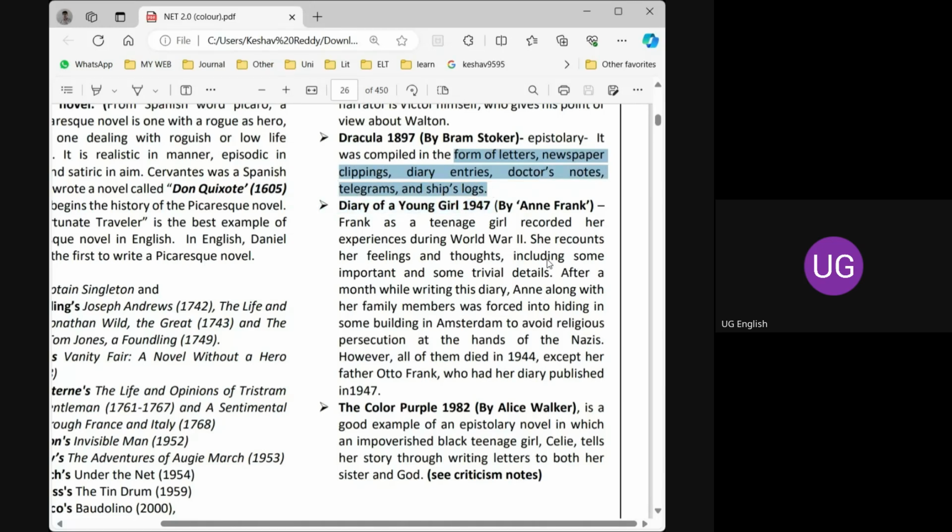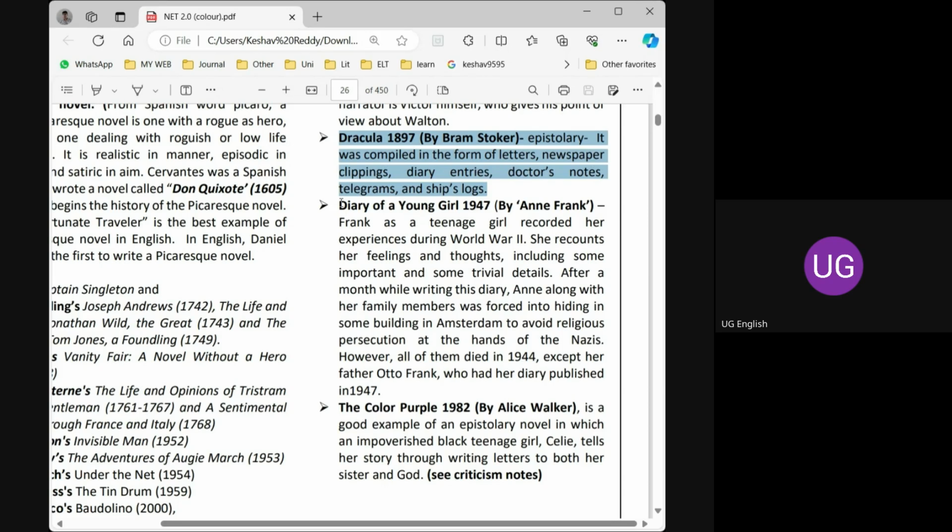Not only letters are used here, some newspaper clippings are also used, some diary entries, some doctor's notes, some telegrams, and some ship's log register, that is, an in-and-out movement register. All these are incorporated in this novel. Very interesting. Dracula by Bram Stoker is an epistolary as well as a Gothic novel. Please make a note of it.